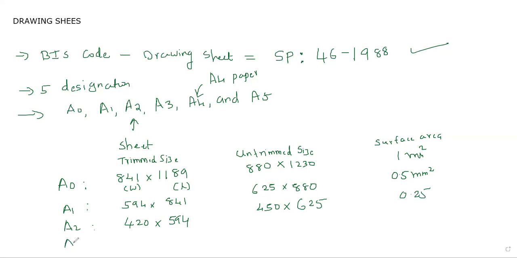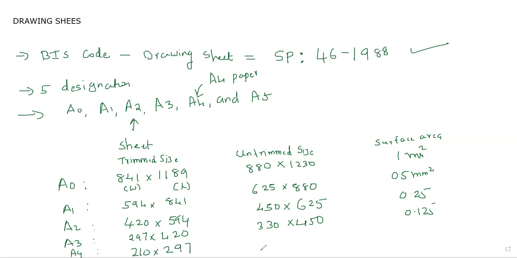So let me talk about A3. The trimmed size is 297 by 420. The untrimmed size is 330 by 450. You have to remember this. Area 0.125. Now A4. The trimmed size is 210 by 297.